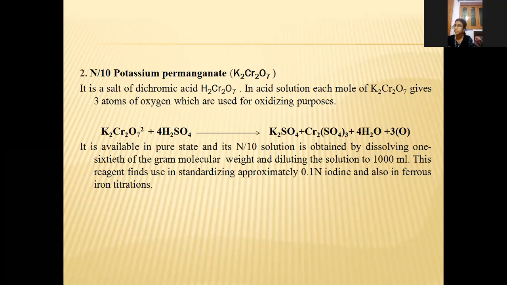Its N/10 solution is obtained by dissolving 1/6 of the gram molecular weight and diluting the solution to 1000 ml. This reagent finds use in the standardization of approximately 0.1 N iodine and also in ferrous iron titration.